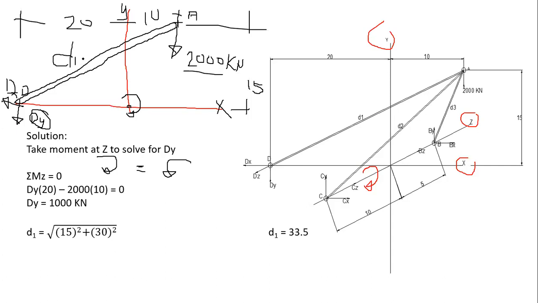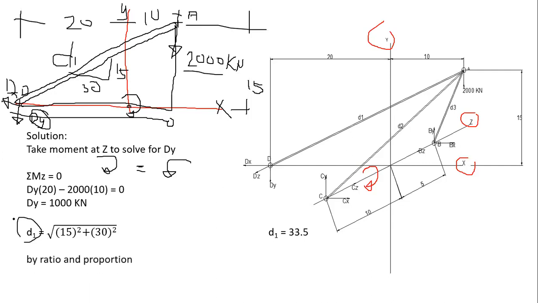D1 is just the hypotenuse of a triangle. Ito yung triangle. Actually, this one is just 15, slope by 30. Here going here is 30. Up is 15. So we can compute D1. It's just the hypotenuse. D1 is 33.5.